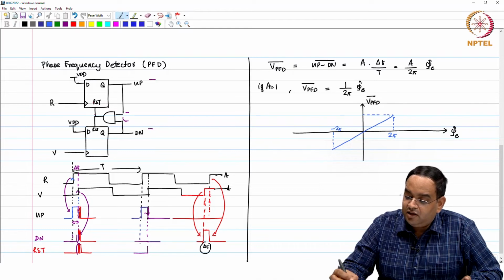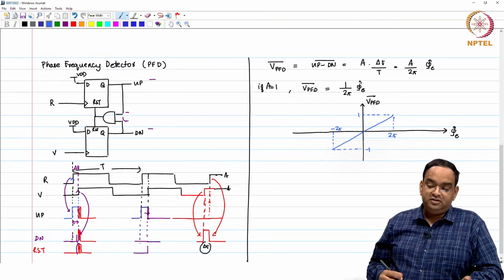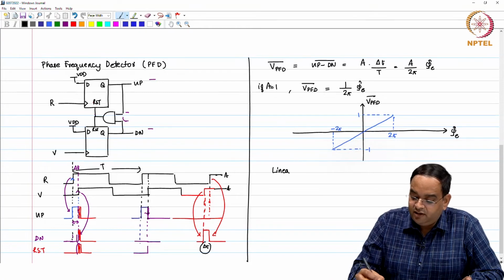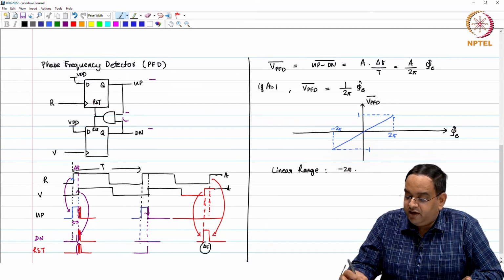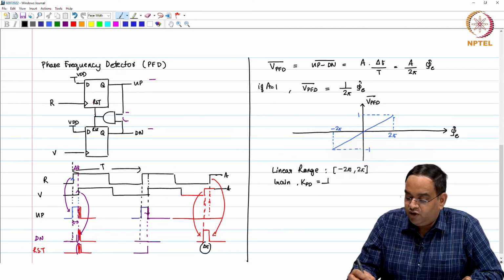The gain in our case, with amplitude 1, happens to be 1 over 2 pi. Okay. So, this is the first phase error detector where you see it is linear across the 0 phase error, right. So, I can very well call this a phase error detector whose linear range is minus 2 pi to 2 pi for phase error and whose gain K_PD happens to be 1 over 2 pi volt per radian.